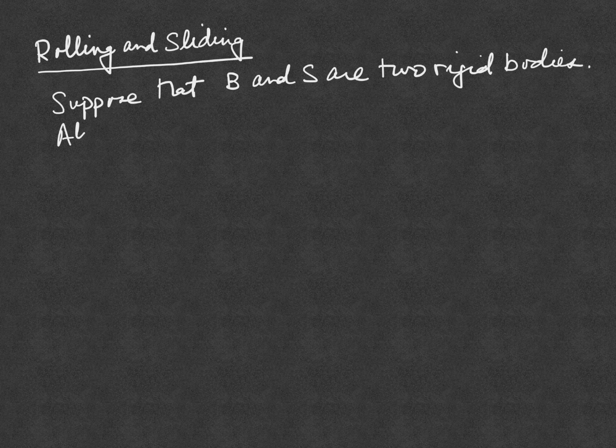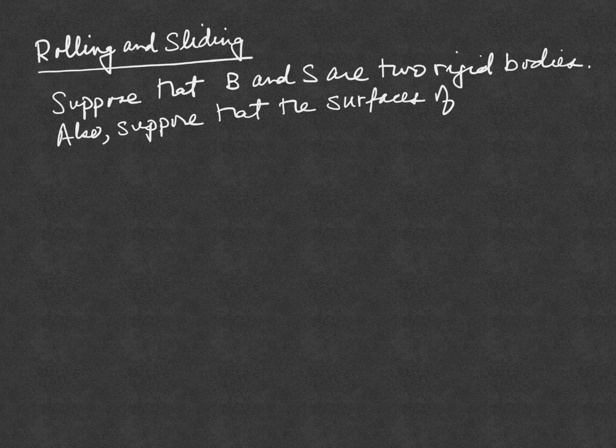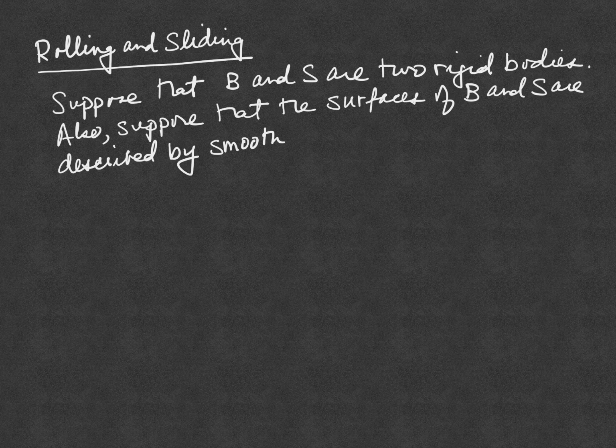And also, suppose that the surfaces of B and S are described by smooth functions. What that basically just means is that these are not rough surfaces; they're smooth. You can think of them as being like a smooth curve.